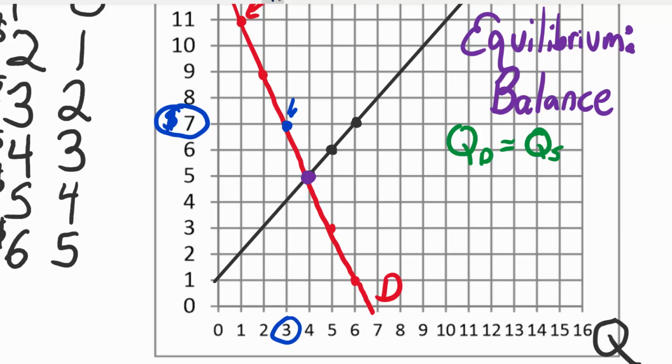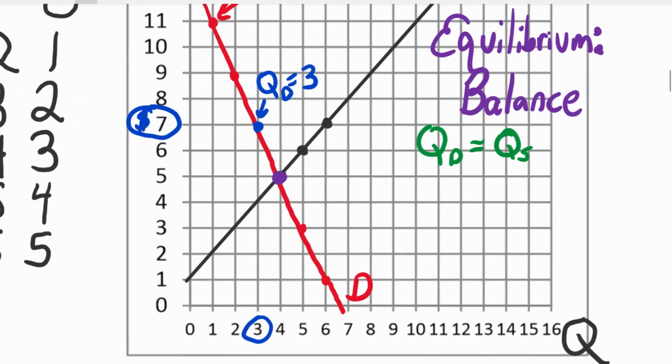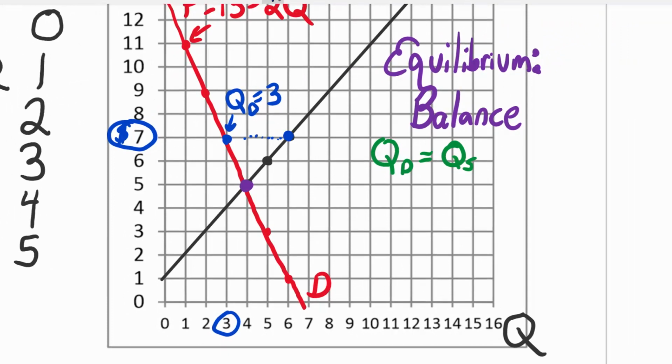So we'd say the quantity demanded is 3 at a price of 7. What would the producers be thinking at a price of $7? If we hop over here and look at the supply curve, we can see that the quantity supplied at a price of 7 would be 6 units.